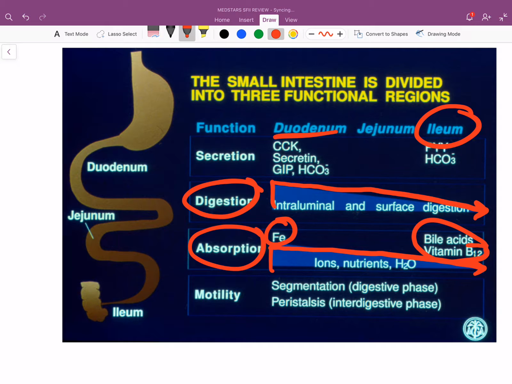That's a very important concept to know: the location of absorption of iron, of B12, and eventually of folate. Whenever you think of iron being absorbed, think duodenum. Whenever you think of folate being absorbed, think jejunum. Whenever you think about bile acids and vitamin B12 being absorbed, think ileum, right?